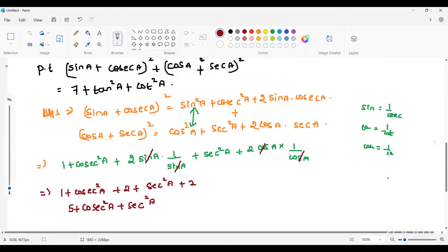Right. So now we know one identity. What identity is that?